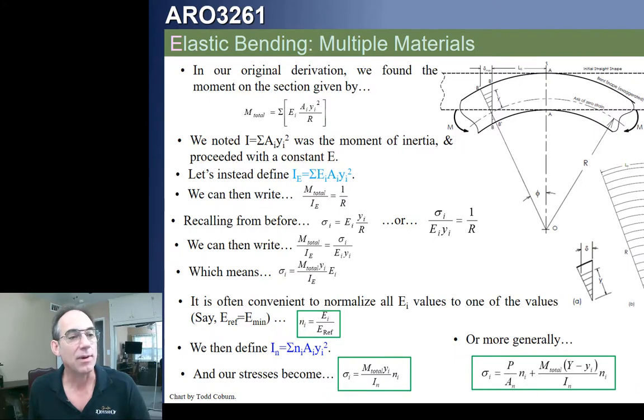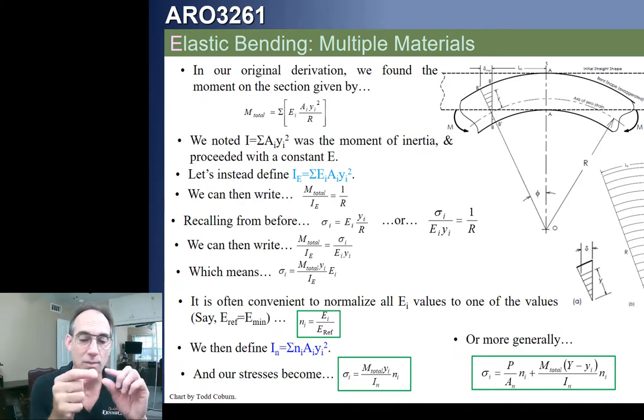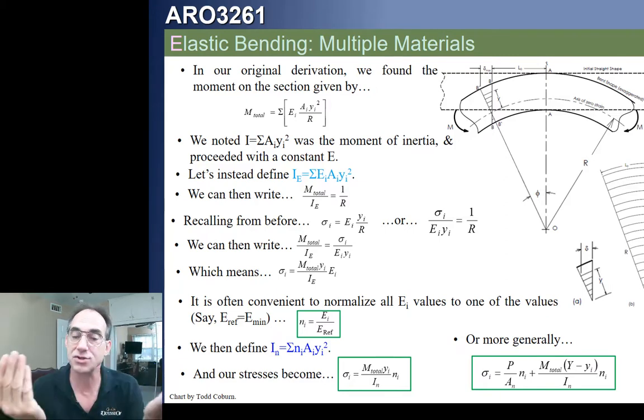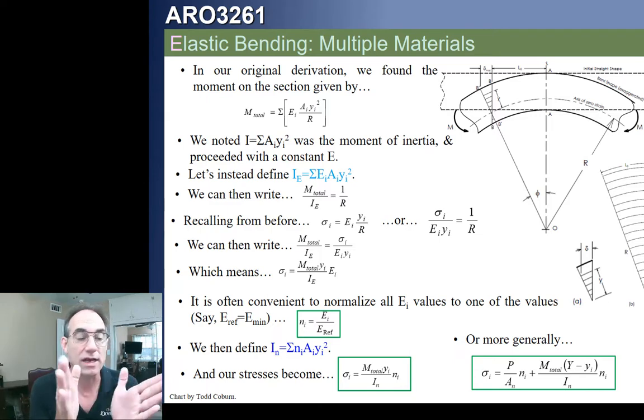So here's how we can write this generally. Okay, so we're going to use the same approach with axial stresses. If we have a cross section with multiple materials, then the area will be the area of each times its n. Sum them all up, that's the area of the section. If we want the stress associated with that, we're going to need to take the force divided by the area.